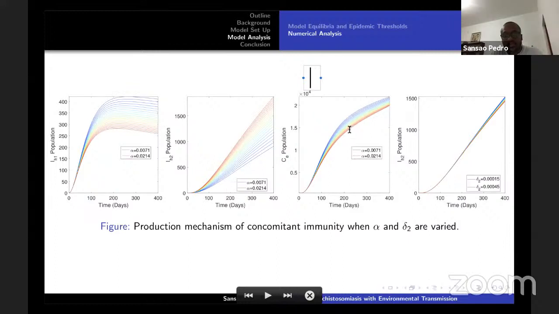This is important because when it comes to control, we understand the effect of each parameter on the model output, which is similar to the analysis that we do in sensitivity analysis. When we vary delta, we see little effect, but it also shows a reduction. What this says is that the more you can protect these individuals, the more you reduce the burden of the infection.